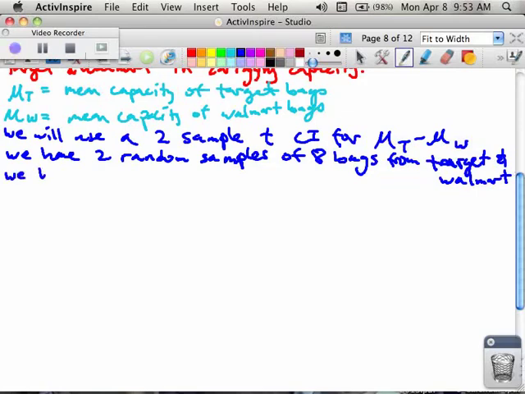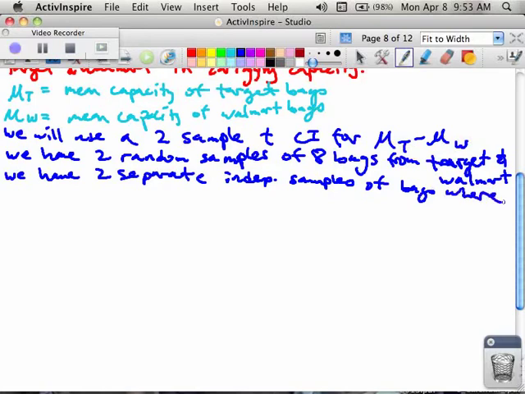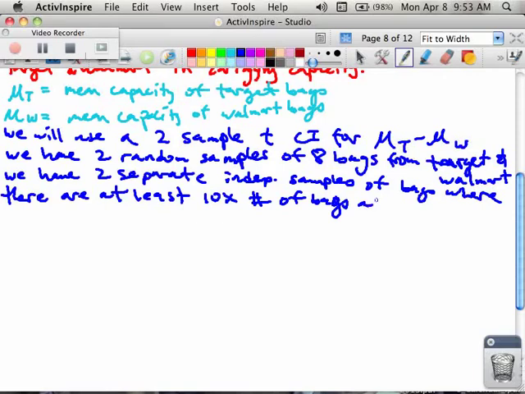So we have 2 separate independent samples of bags where there are at least 10 times the number of bags as in the sample, i.e. 80 plus. Since we took a sample of 8 bags, I'm pretty sure they hand out more than 80 bags. So that's good.